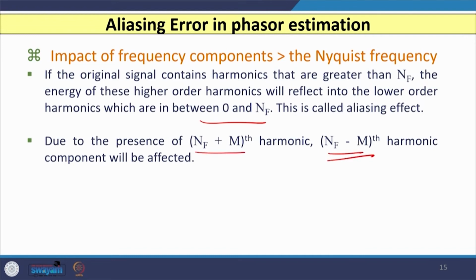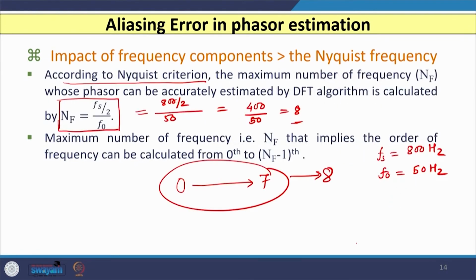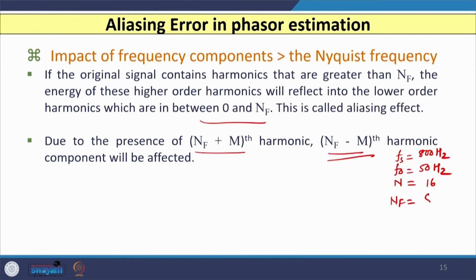Now, to understand this, let us consider Fs equal to 800 hertz, and F0 equal to, let us say, 50 hertz. Your number of samples in a cycle is Fs by F0, that is 16. NF comes out to be, as we have already calculated, 8, which is Fs by 2 divided by F0.